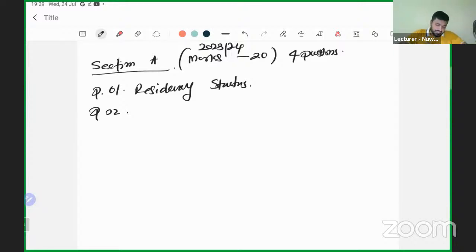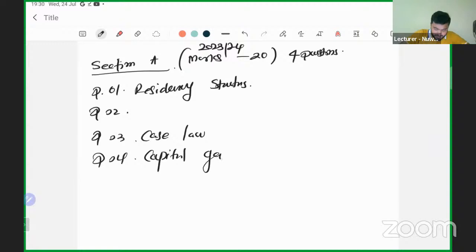Normally the second question will ask from, and the third or fourth question, case law. The fourth question most probably will be capital gain.